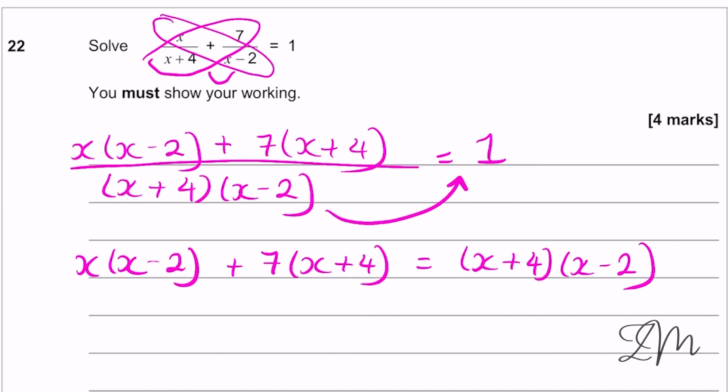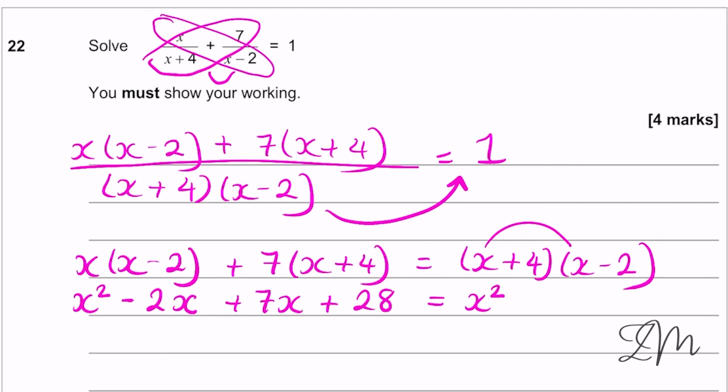When we open out the brackets, we get x squared minus 2x plus 7x plus 28 equals x squared plus 4x minus 2x, so plus 2x minus 8. And what we're going to do is put everything onto one side. Doesn't matter which side you put it on. So let's put it all onto the left-hand side.